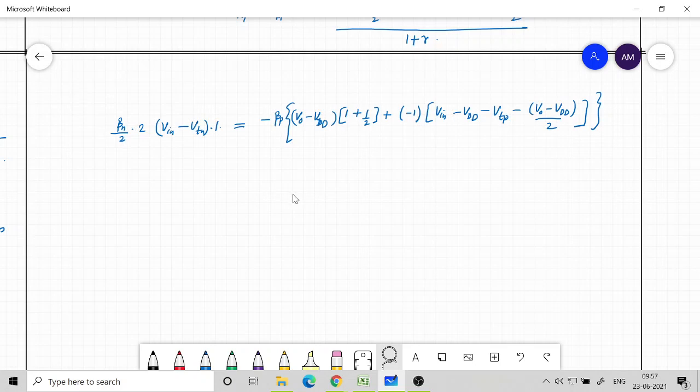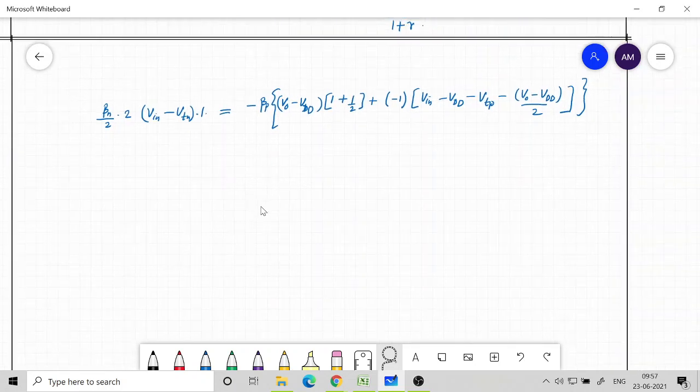Okay, so this is what we have. Now I can cancel a few things here. Now what is my V in? V in is basically VIL. So at point 1, my V in is equal to VIL and V out is equal to VOH.